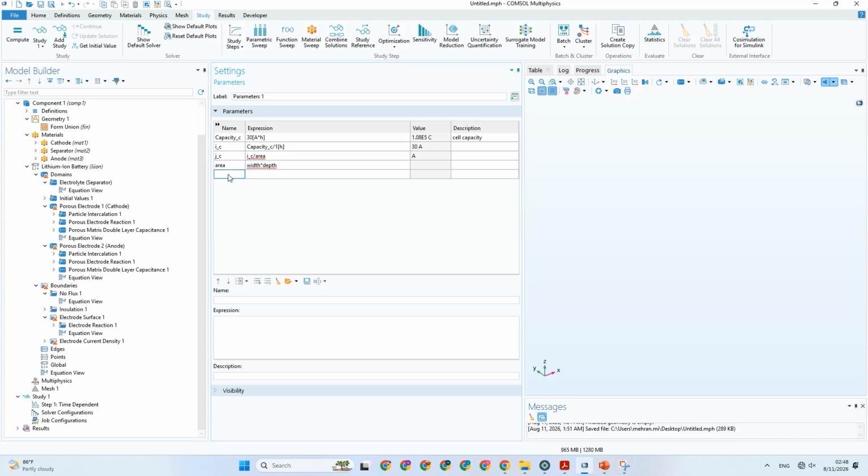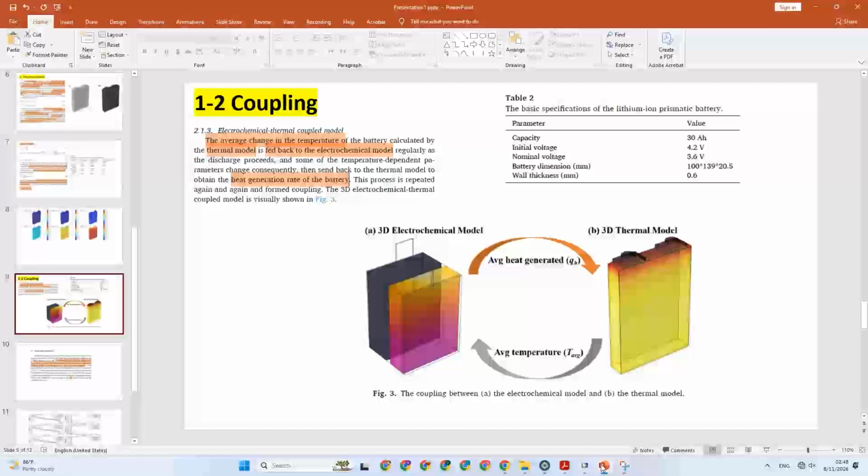And here I define them. Let me define them. I don't know what the dimension is. It means 100, 139, 20.5, the wall thickness. It's really, I don't know.